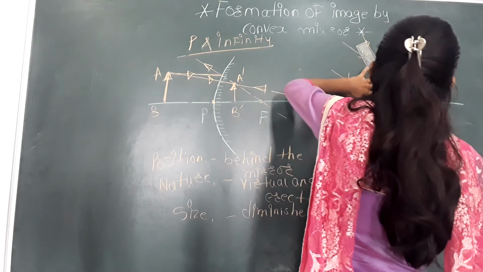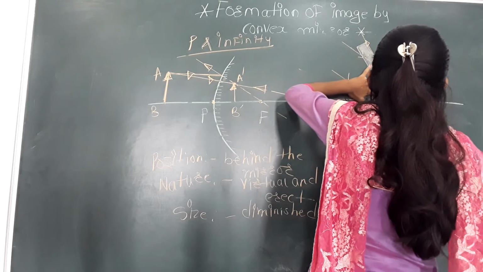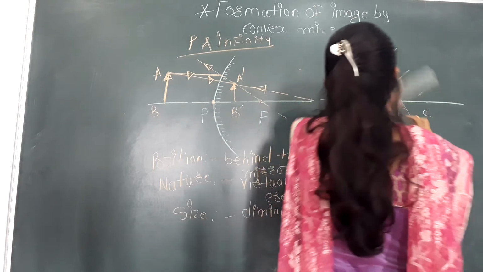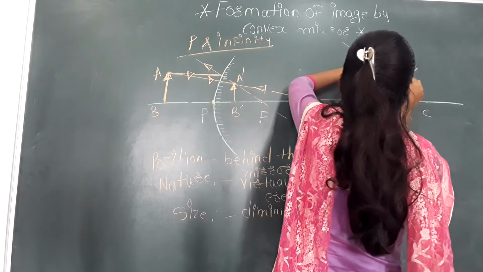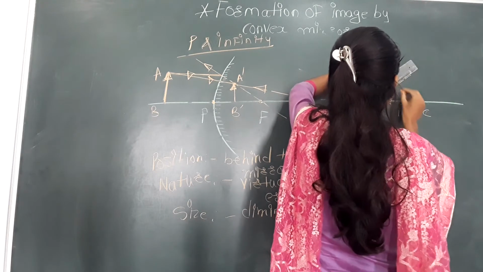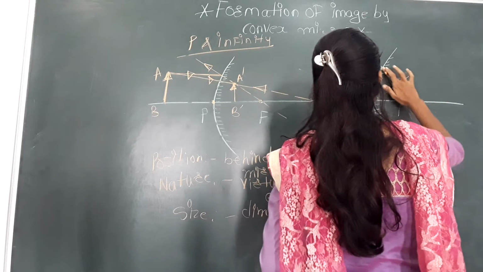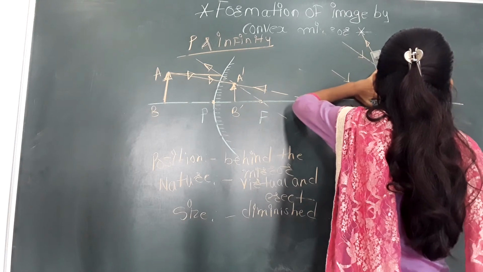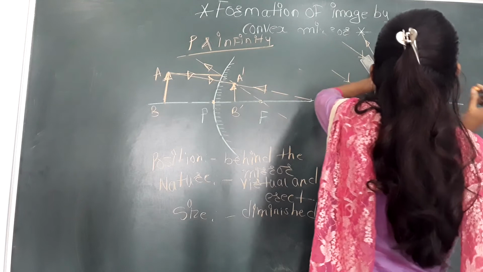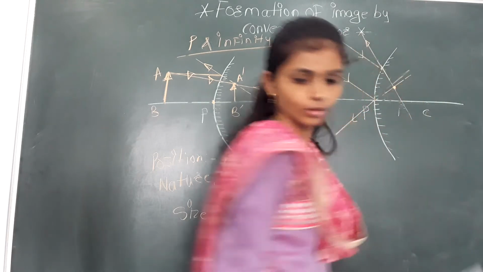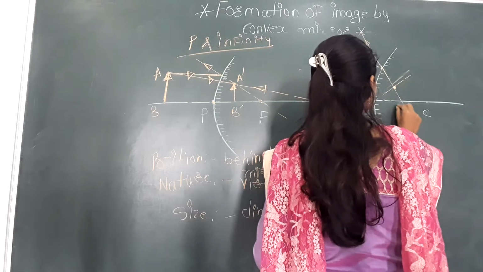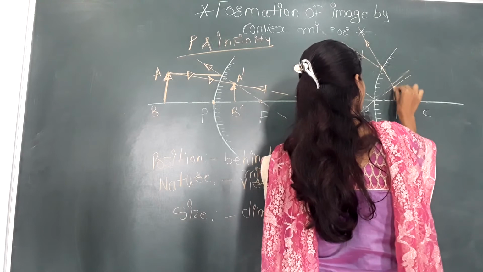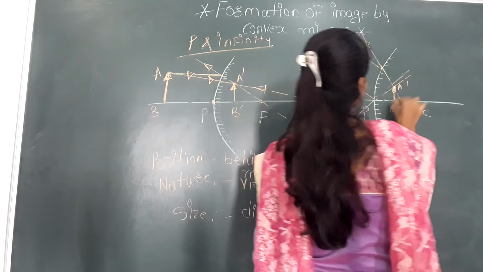Okay, first ray, and this one is the second ray. Now here, A dash and B dash.